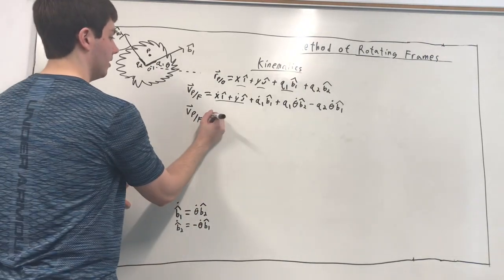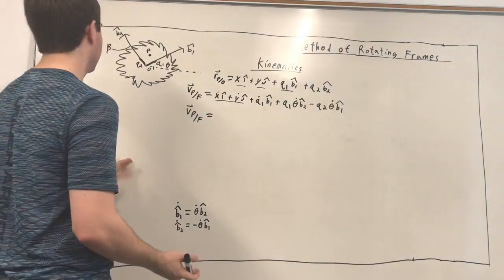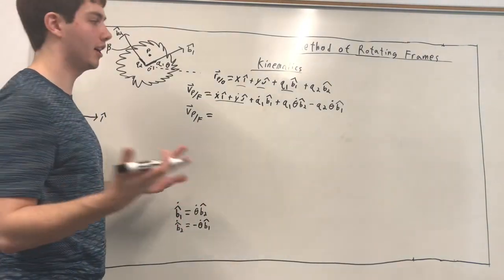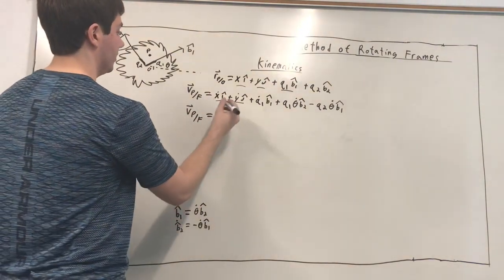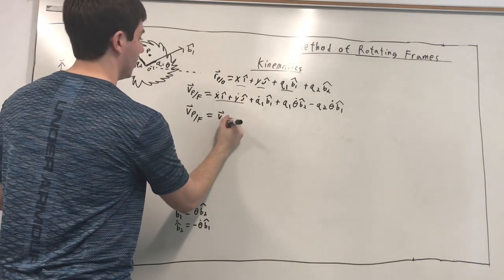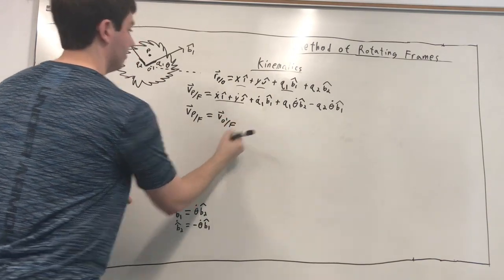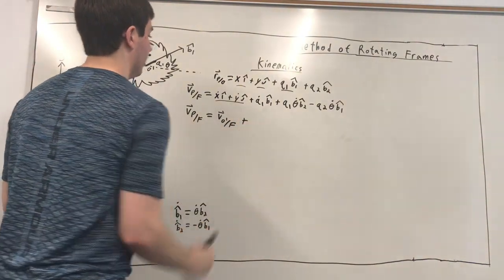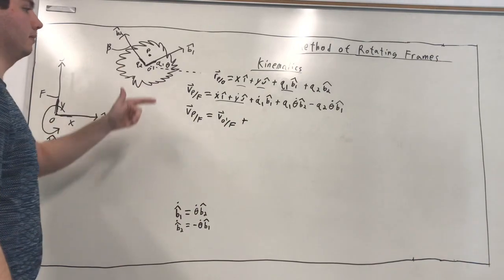So hopefully that is decently common sense at this point for someone who's taking the class. And so this is just v of O prime with respect to the fixed frame. So that is the absolute velocity of O prime.